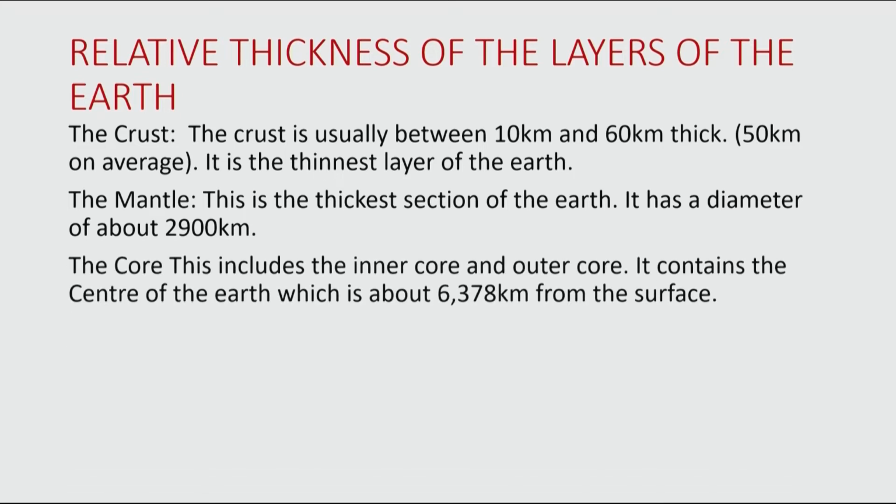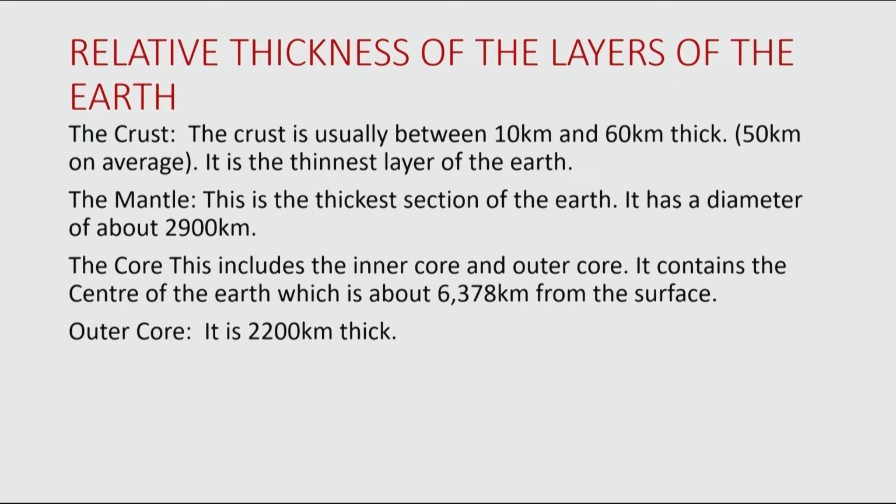What about the core? We already discussed that it includes the inner and the outer core. When we look at them as one, they give us a diameter of 6,378 kilometers from the surface, that is from the crust. However, we will discuss them each, starting with the outer core.